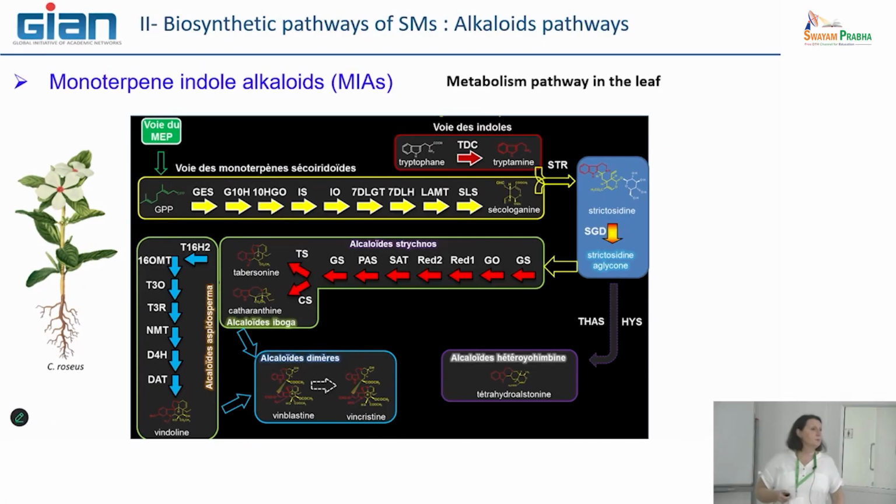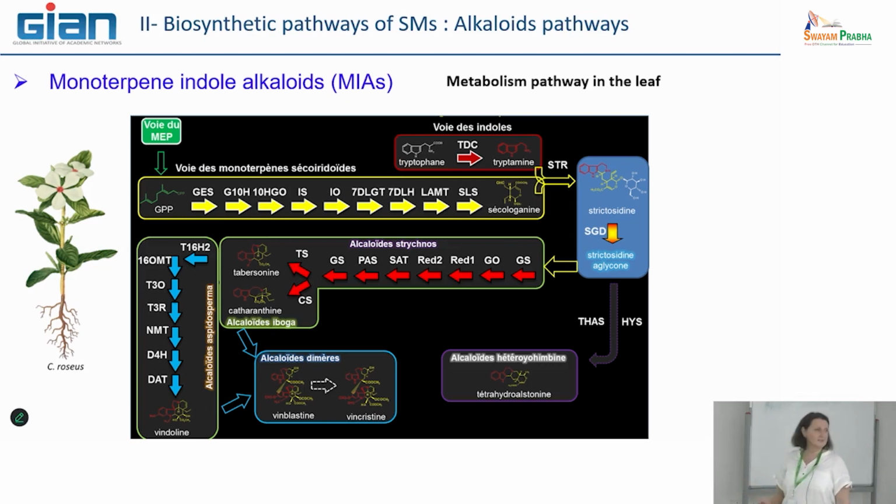Yes, this is what we have done in my lab, just to show you the metabolic pathway in Catharanthus roseus that leads from the first precursor GPP, among terpenes, and tryptophan, with the strictosidine synthase, to production of strictosidine.